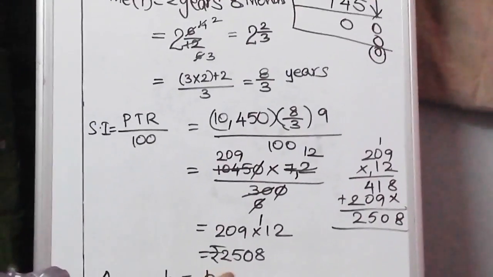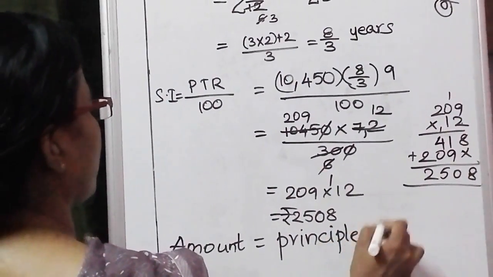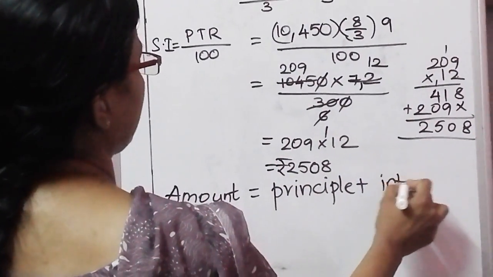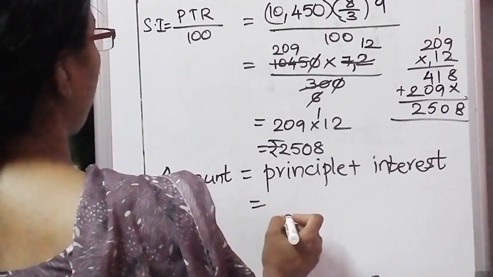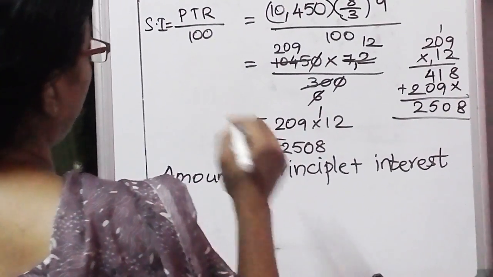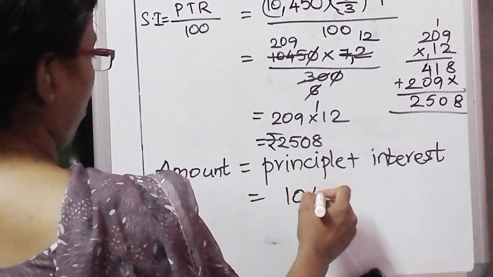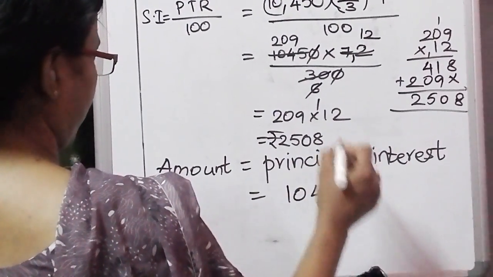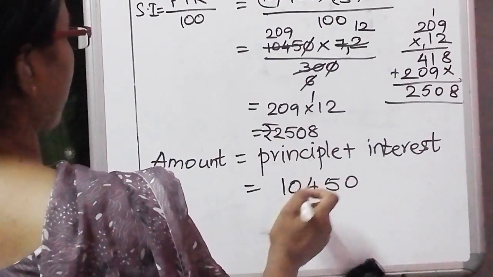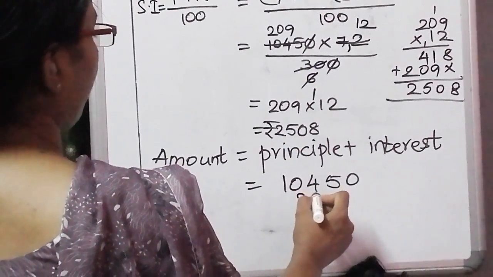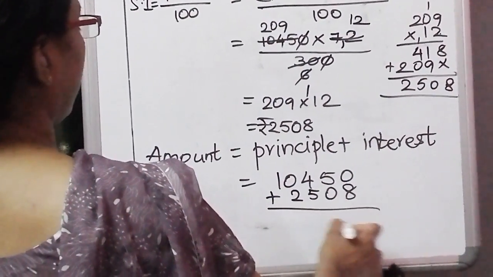So now let us find out the amount. Amount is equal to principal plus interest, or simple interest, anything. What is the principal? Principal is 10,450. What is the simple interest? Simple interest is 2508. Both these you need to add to get the amount.